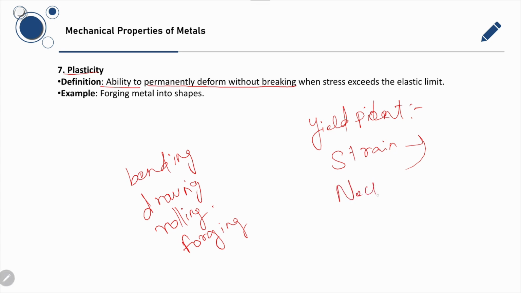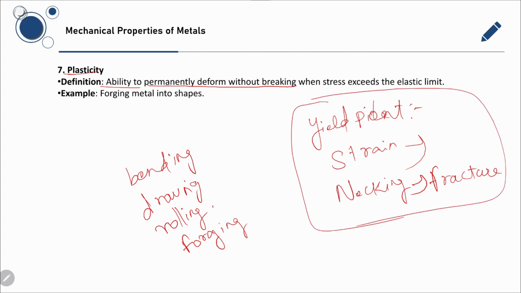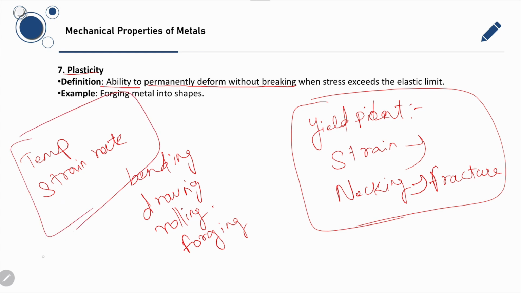The next one is necking, which leads to fracture at very high plastic strain in tension. These are the key behaviors in the plastic region. And what are the key factors affecting plasticity? Temperature, strain rate, microstructure and prior cold work.